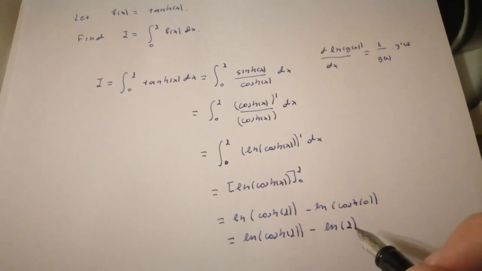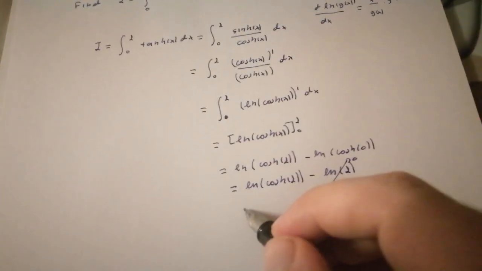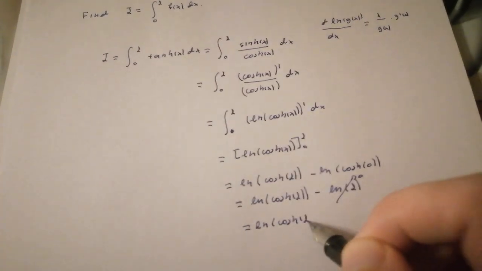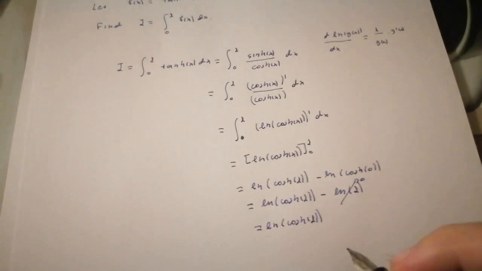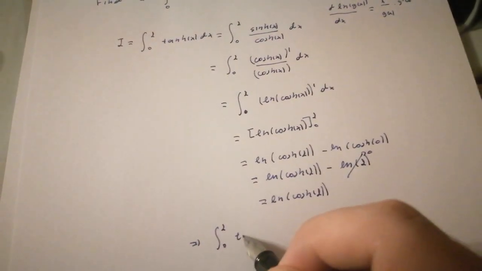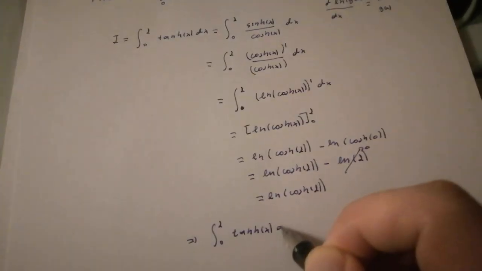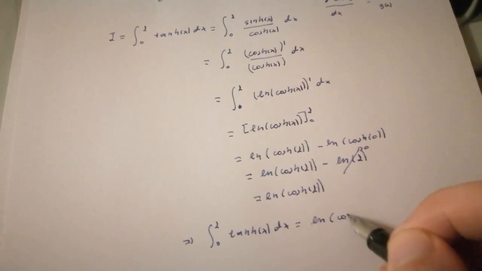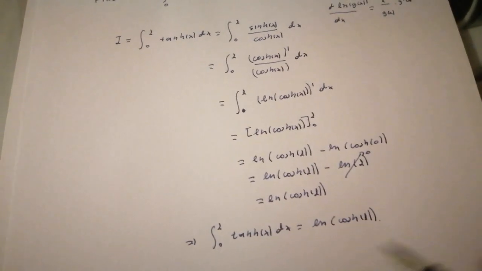So the natural logarithm of 1 is 0. So this is natural logarithm of cos hyperbolic of 1. So my integral is natural logarithm of cos hyperbolic of 1.